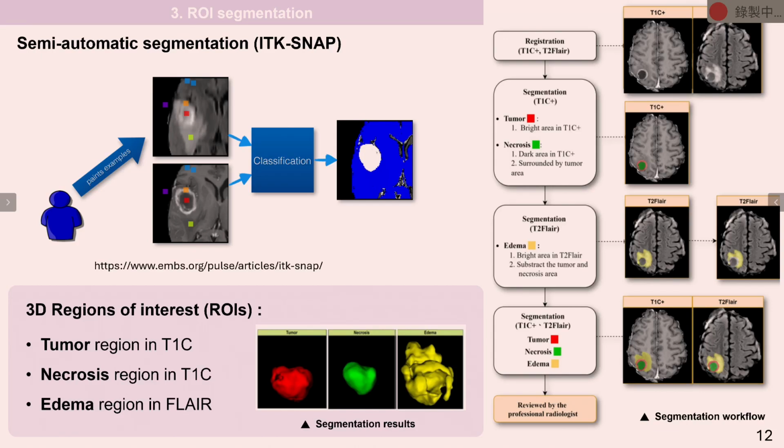Yes, we can use some techniques to suppress the water signal, but it's time consuming. So we just acquire the patient's FLAIR because the signal is suppressed in this sequence. So we don't have to use any technique to suppress the signal.